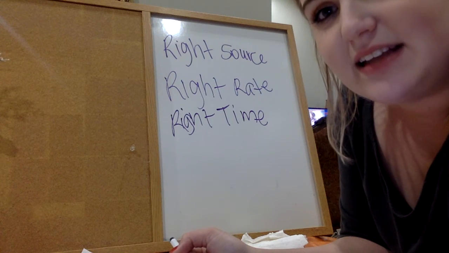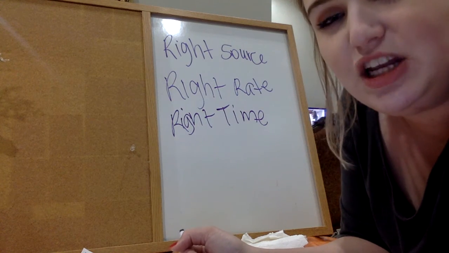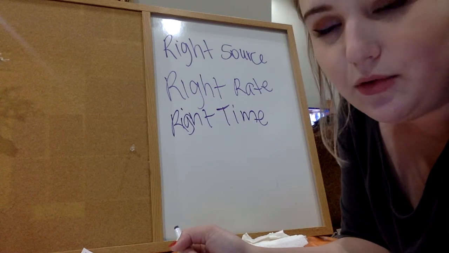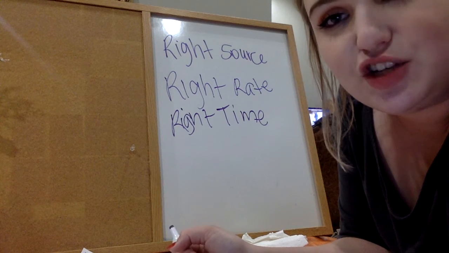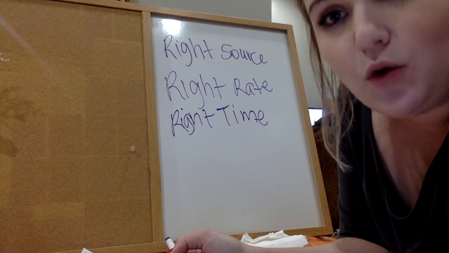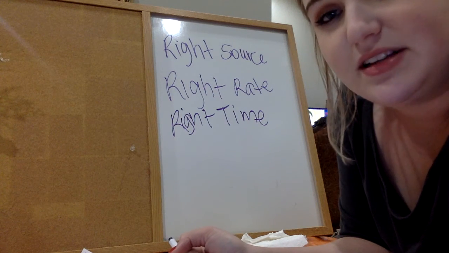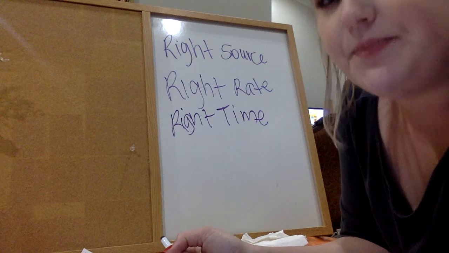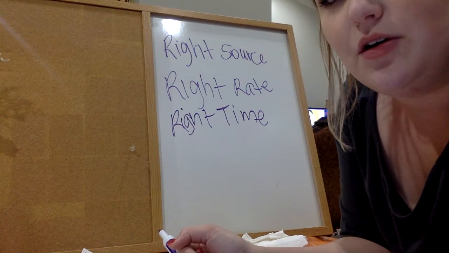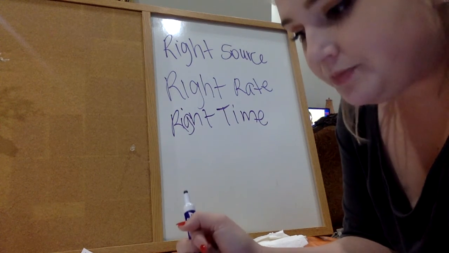So once you recognize that a need is there, that's when you can take your correct soil sample, you can send it off, get your results, and see what nutrient that your plant is lacking, and then that will help you decide what fertilizer to use, and that will get your plant up and growing.